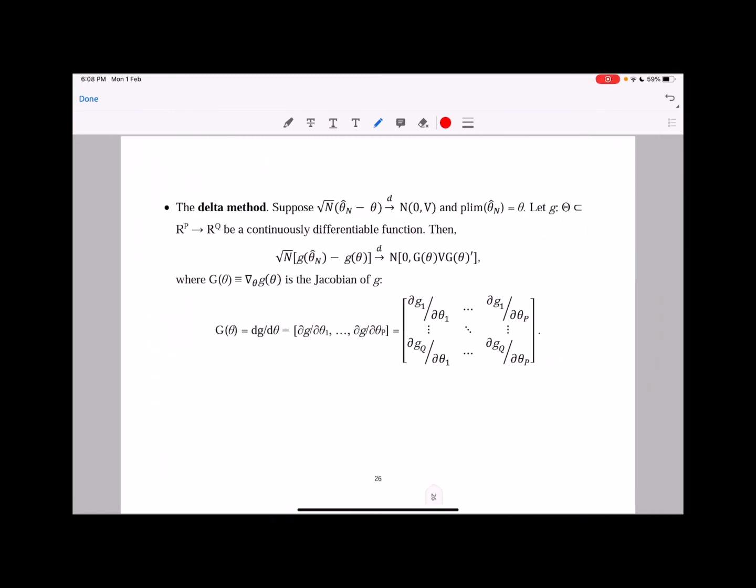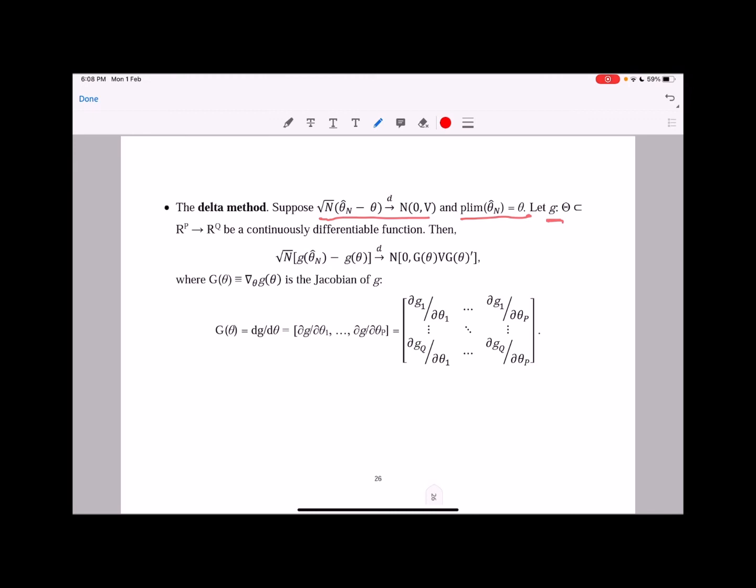So what is the delta method? Again, suppose we have a square root of n asymptotically normally distributed estimator theta hat, and it is consistent. There is a function g mapping from R^p to R^q, and it is continuously differentiable, meaning its first derivative is continuous.